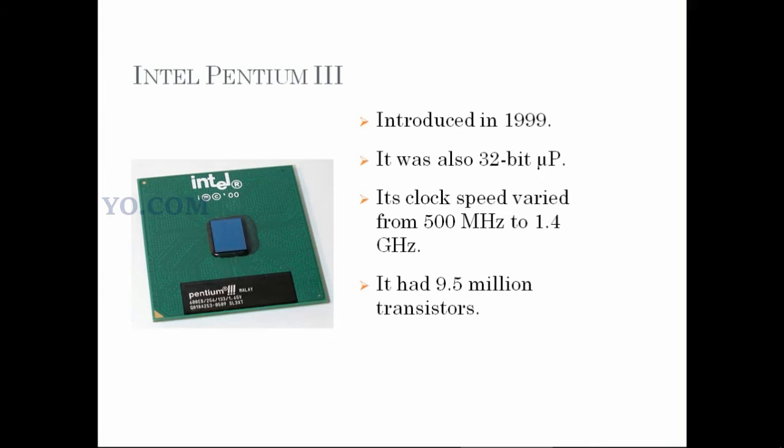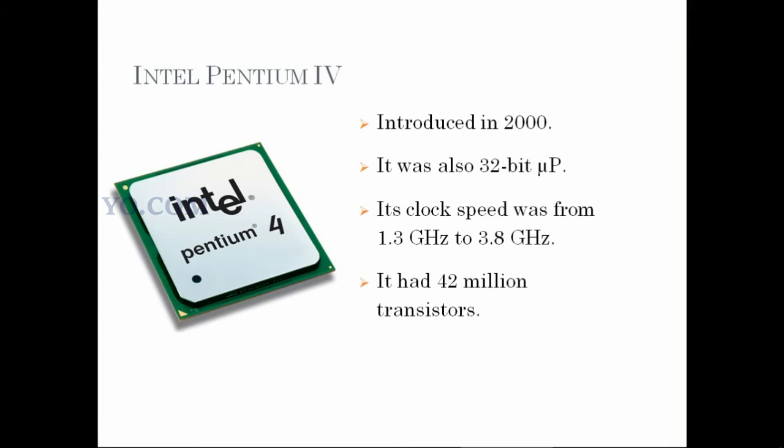It has 9.5 million transistors inside its chip. 9.5 million transistors, we cannot imagine. Like cells in our skin, the transistors are packed inside the chip. In a very small place, it has 9.5 million transistors.